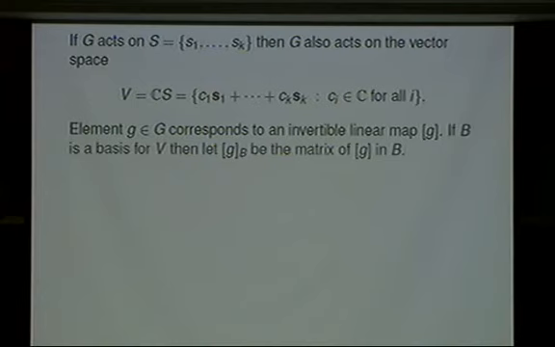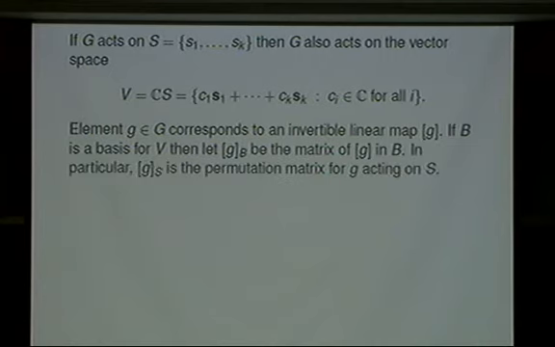Okay. And we're also going to need a notation for what the matrix of this linear transform looks like in a given basis. And so I'm just going to subscript brackets G with the basis that I'm using. So what is the matrix of G in this canonical basis consisting of the elements in S?